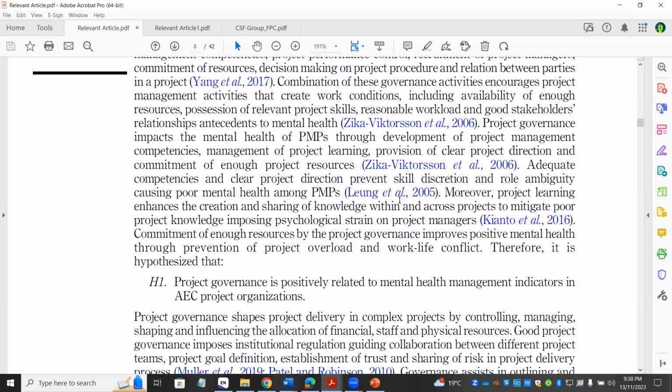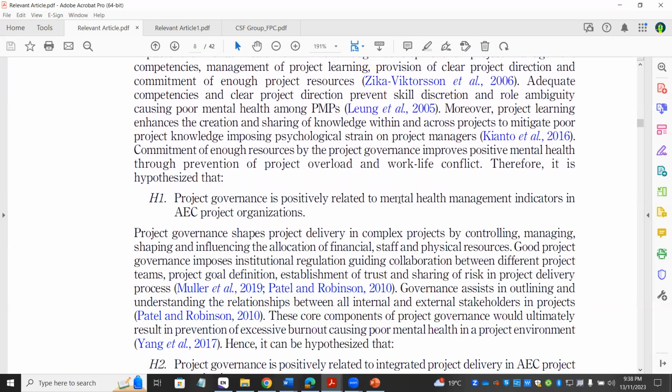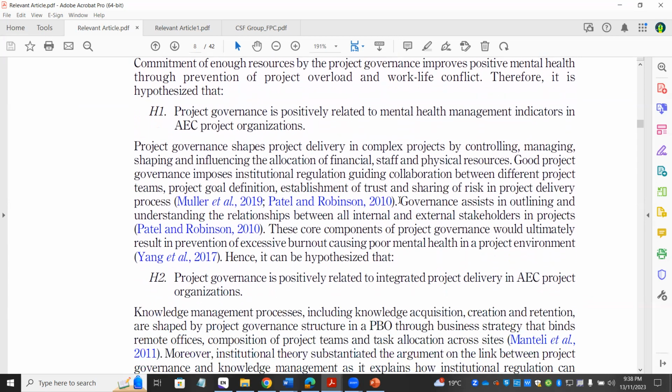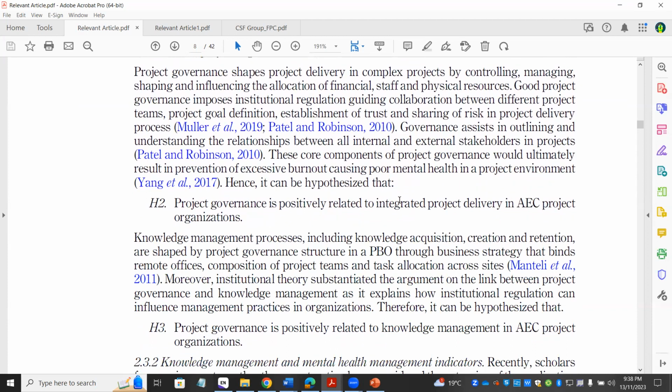So here he ended up hypothesizing that project governance is specifically related to mental health in AEC project organizations. Then he went ahead to explain this, and then ended by saying that this also affects this.